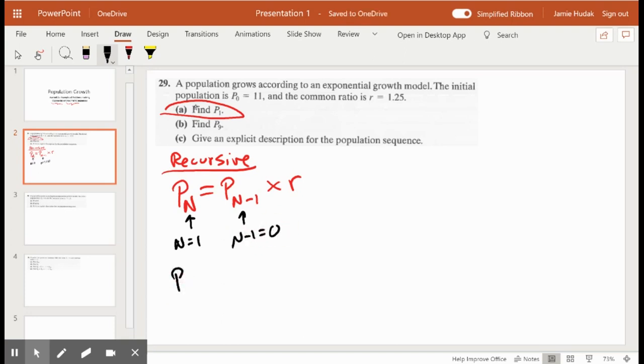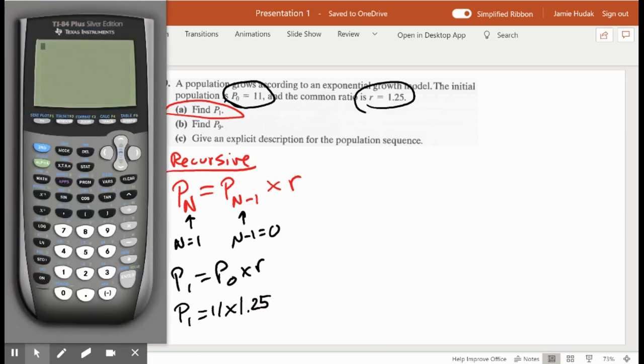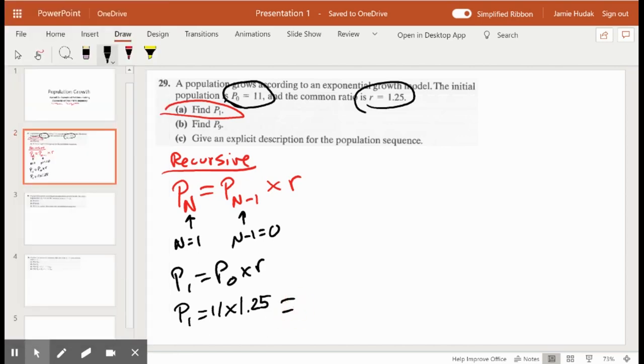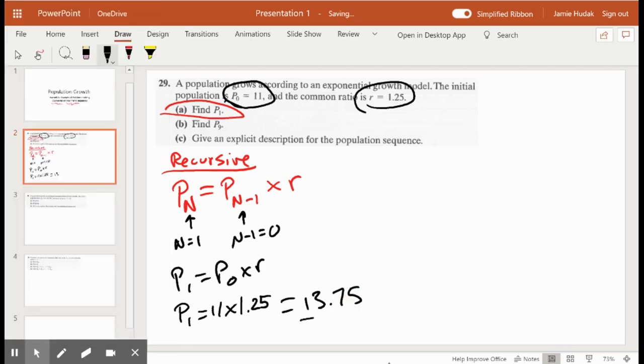And we can say that P1 is equal to P0 times R. We know that P0 is 11 and R is 1.25. So P1 would be 11 times 1.25, which gives us 13.75. So that's the answer to part A.